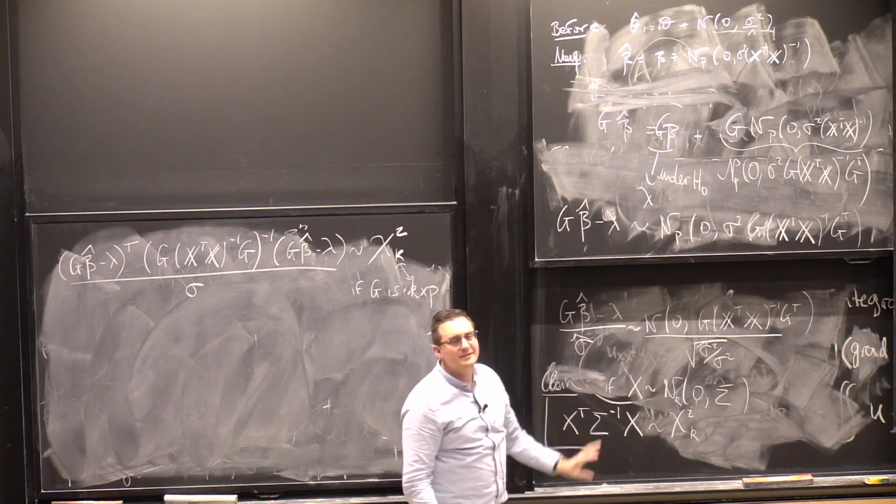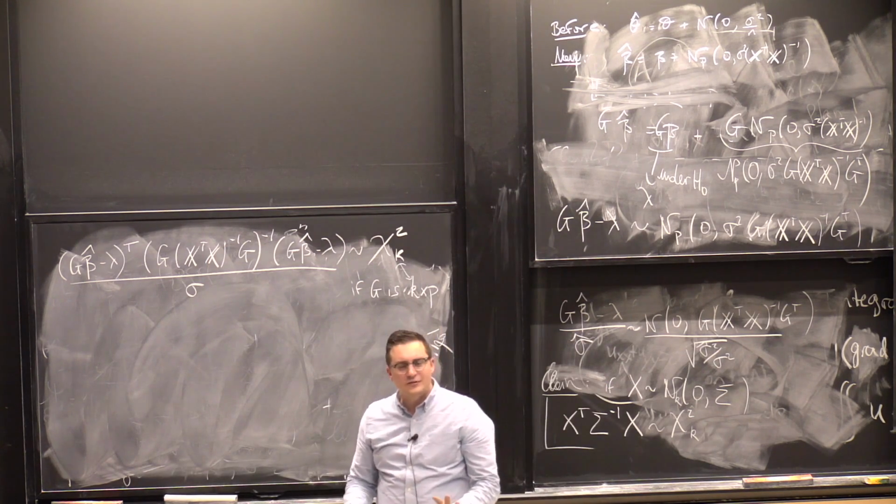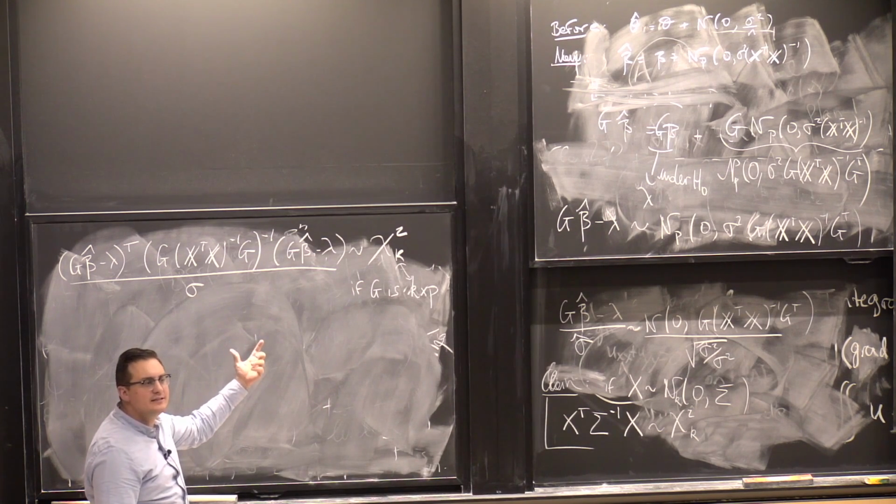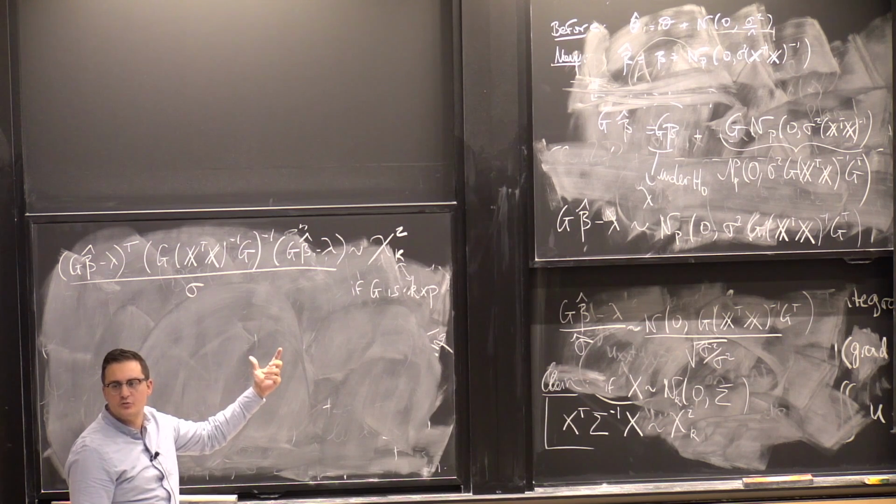OK. So now if I go from here to using sigma hat, the key thing to observe is that this guy is actually not a Gaussian, right? I'm not going to have a student t distribution that shows up.